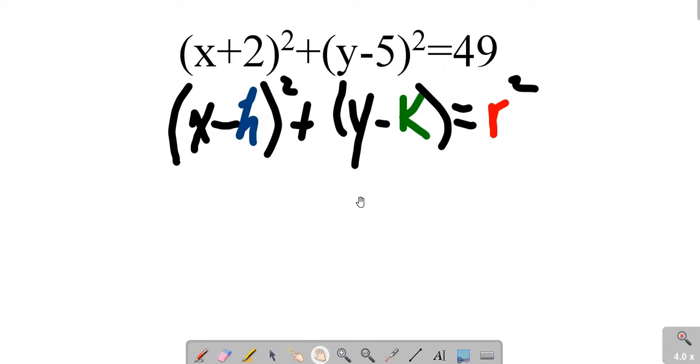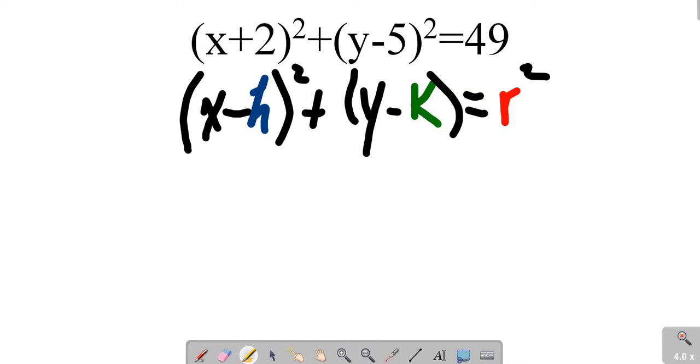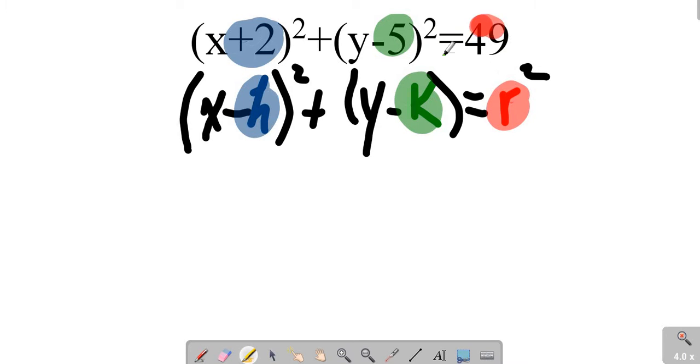Okay, now watch very carefully. You just ask yourself, in this scenario, what would your h be? What would your k be? And what would your radius be? I'm going to give you like 20 seconds and have you just flat out guess if you need to. What's the h, the k, and the radius, Esther? Just take a moment, flat out guess.